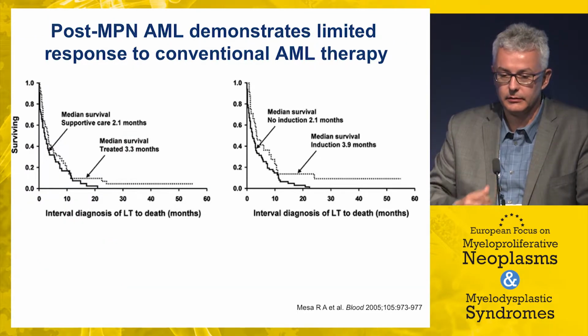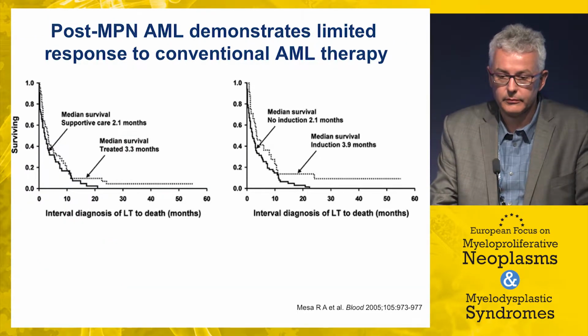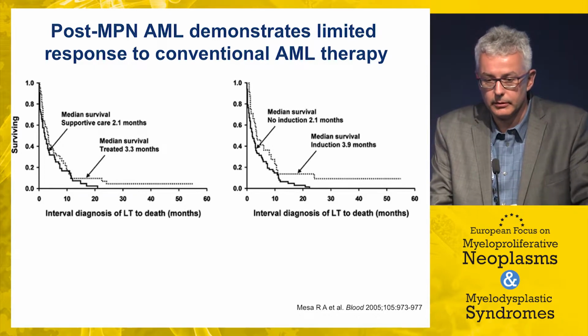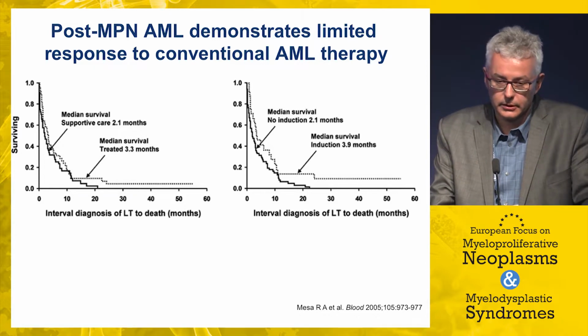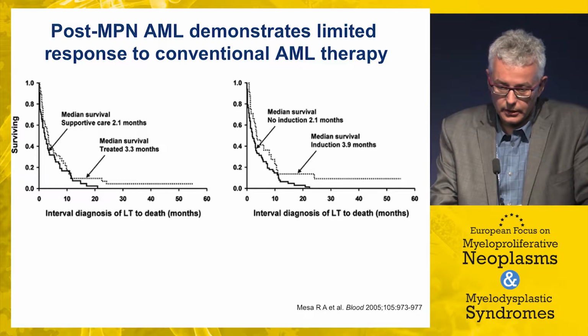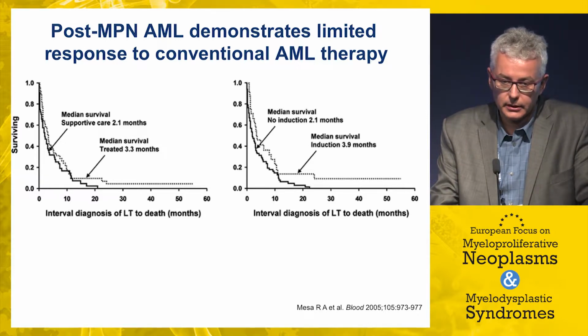Now, it's indeed very bad for patients to transform to acute myeloid leukemia because the survival is so short. This is a very old slide from my friend Dr. Ruben Mesa from 2005, and you can see here a recapitulating experience that is still standing like that since 2005, that the average survival is between 2 and 5 months.